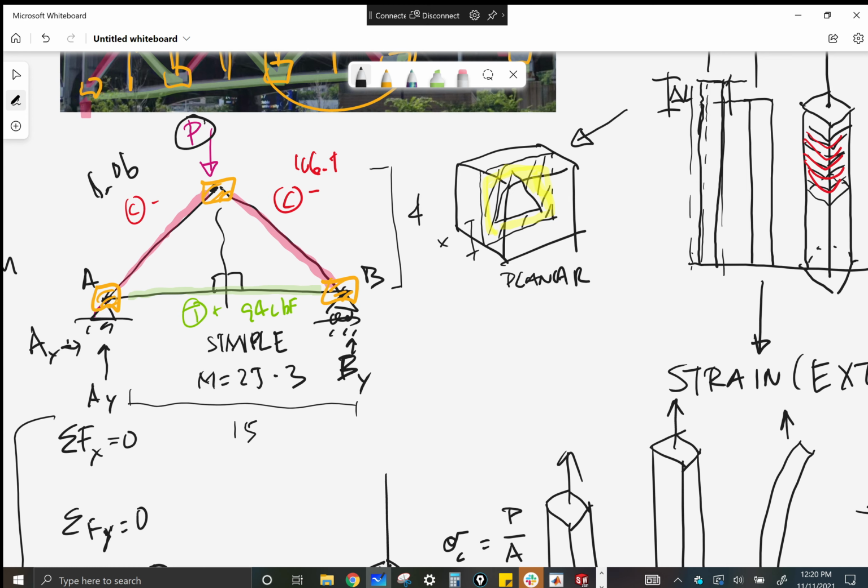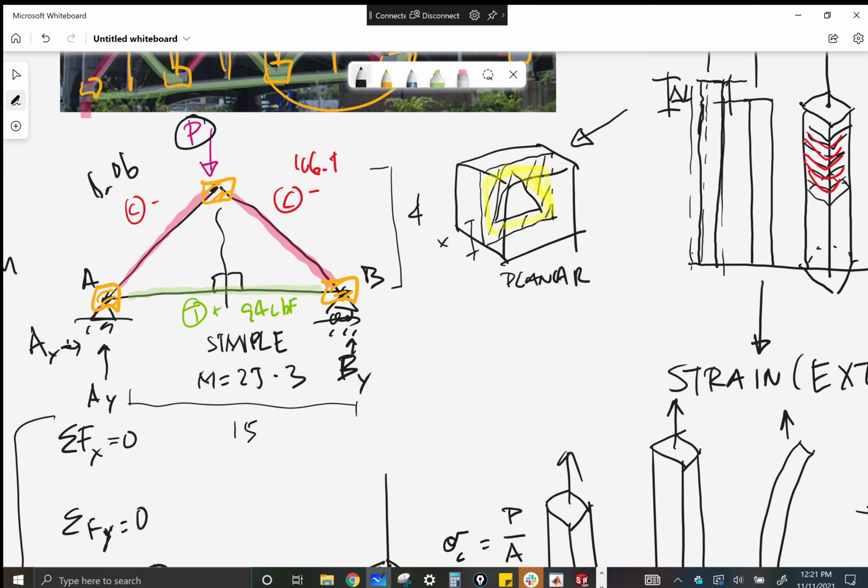So let's say that we know this member will fail at 50 pounds because of what it's made out of and all the stuff we have in our modeler. What's going to be the failure load for the truss? If this is a failing member, it's going to fail at 50 pounds. So it'd be a little bit less than 50, right?